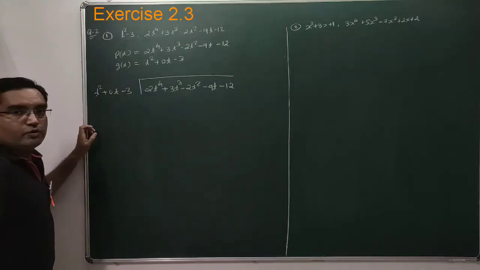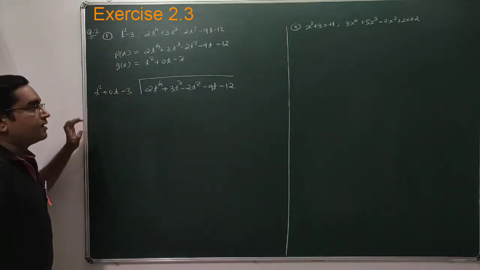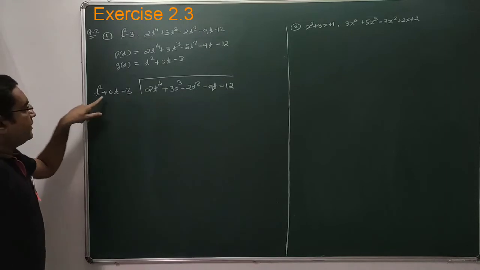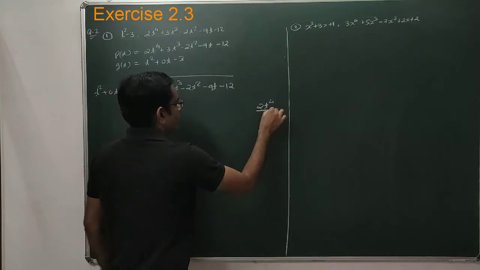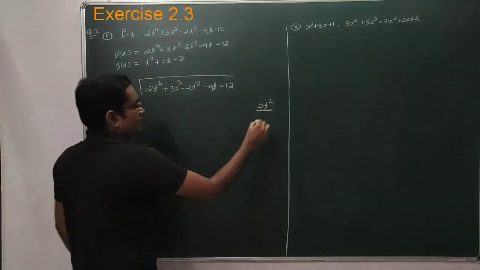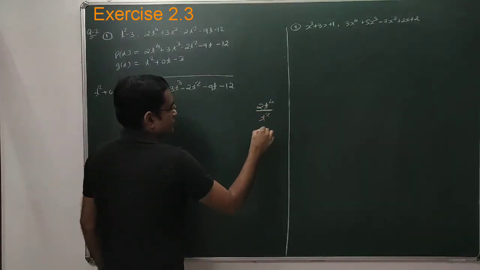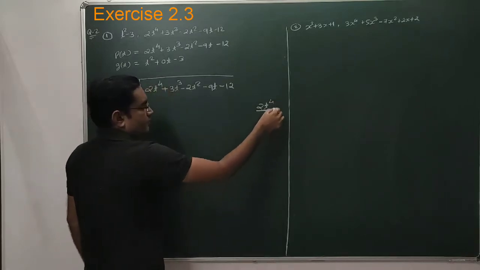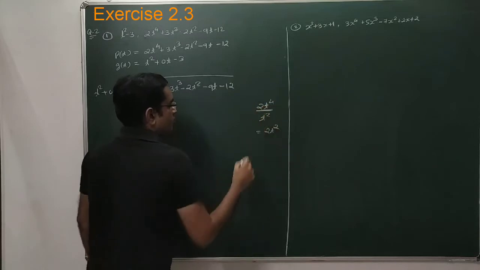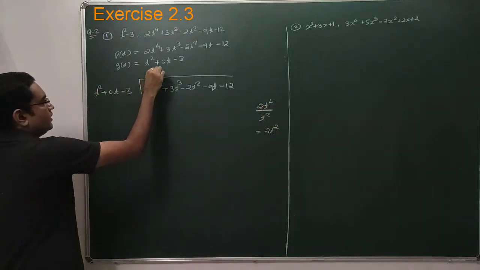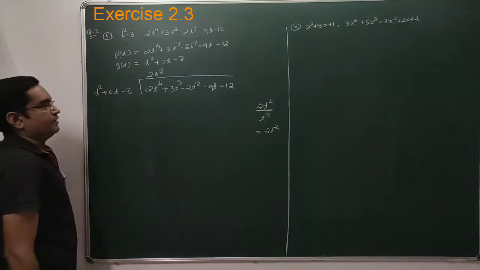Done? Now what you have to do for the long division? As in 9th standard, you have to divide the leading term. So leading term is 2t raised to 4 divided by this one, t squared. So 4 power is there, 2 power is there, subtraction. 4 minus 2 is 2. So you have to write this 2t raised to 2 at quotient part.